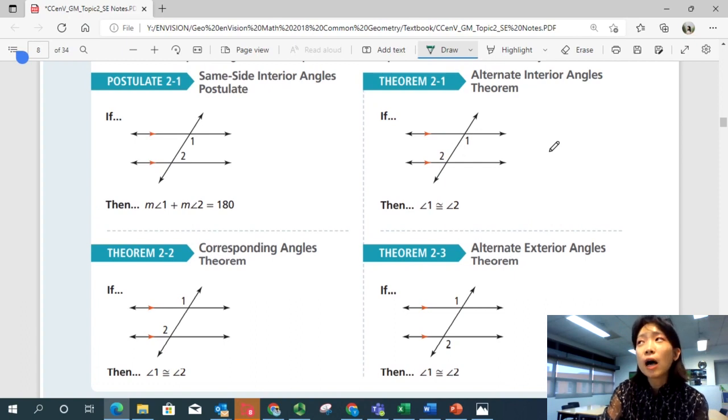Which angles are congruent? Alternate interior angles, they're congruent. Corresponding angles, they're congruent. Alternate exterior angles theorem, they're congruent. Okay? So if you see these angle relationships, you can figure out some missing information for the missing angles.